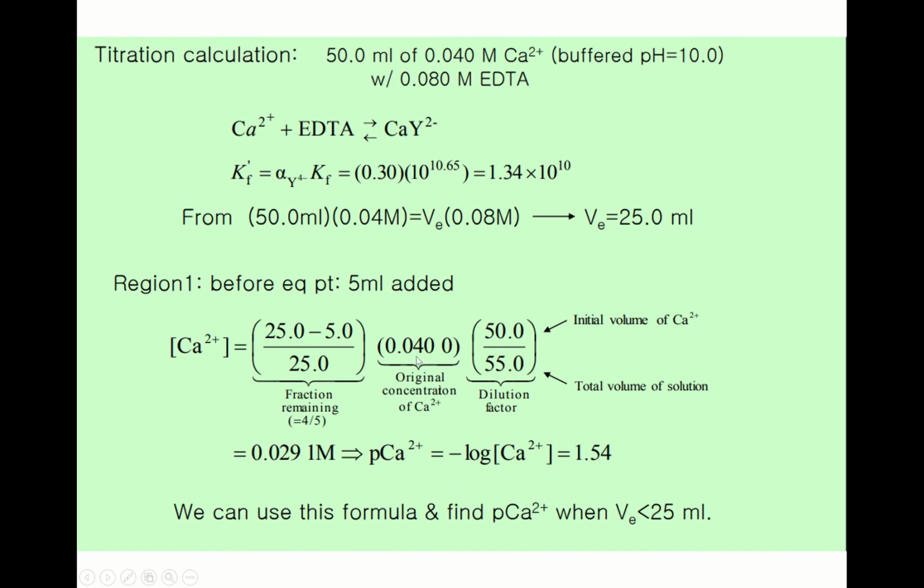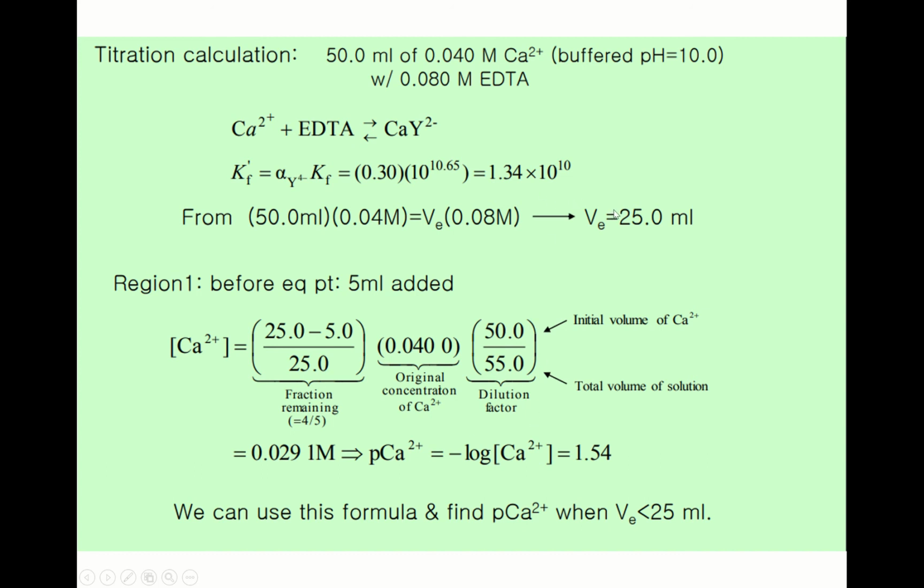You may wonder, why don't you calculate the initial pCa? That's easy. You simply take the negative logarithm of this concentration, but it is not shown here. This way, we can calculate the pCa value before the equivalence point.